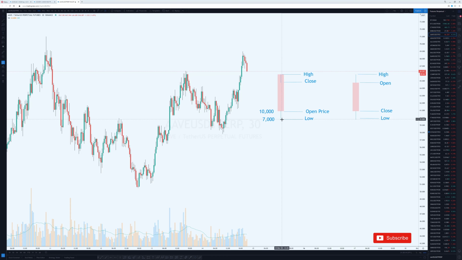It leaves a trail behind it, for you to know that at a certain point in time, the value of this asset was priced at 7,000. That trail is what we call the wick or the shadow.